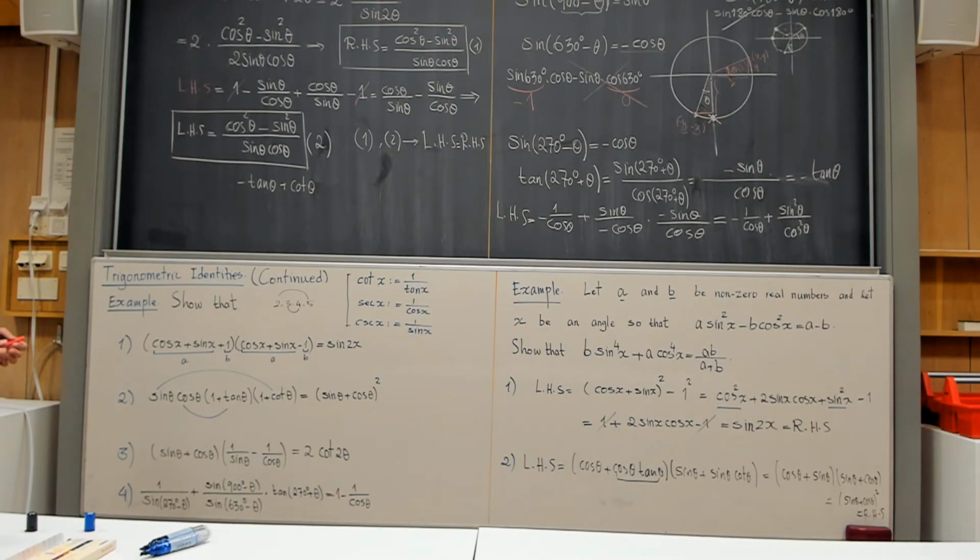Let me think. So it's minus cosine squared, so it becomes minus 1. I have to check if I have written the question correctly. Let me double check.